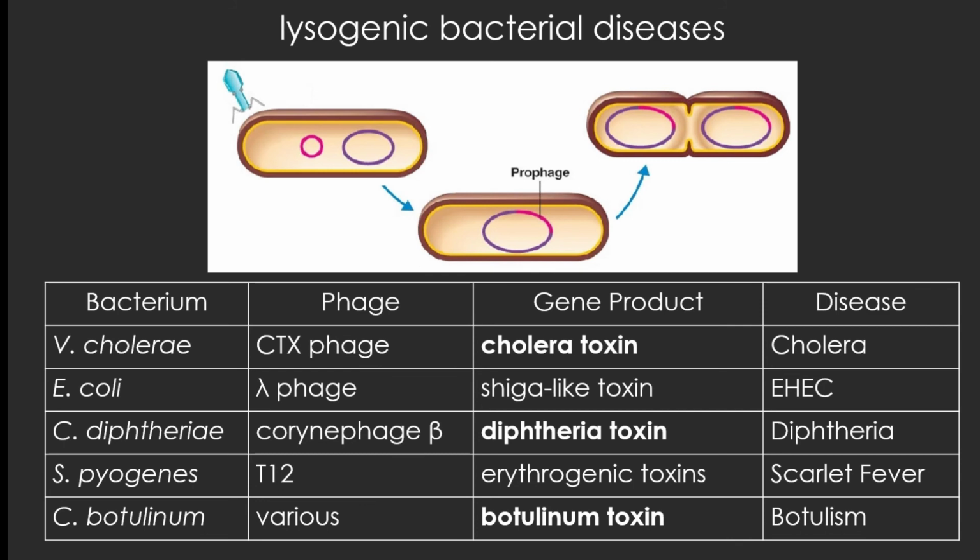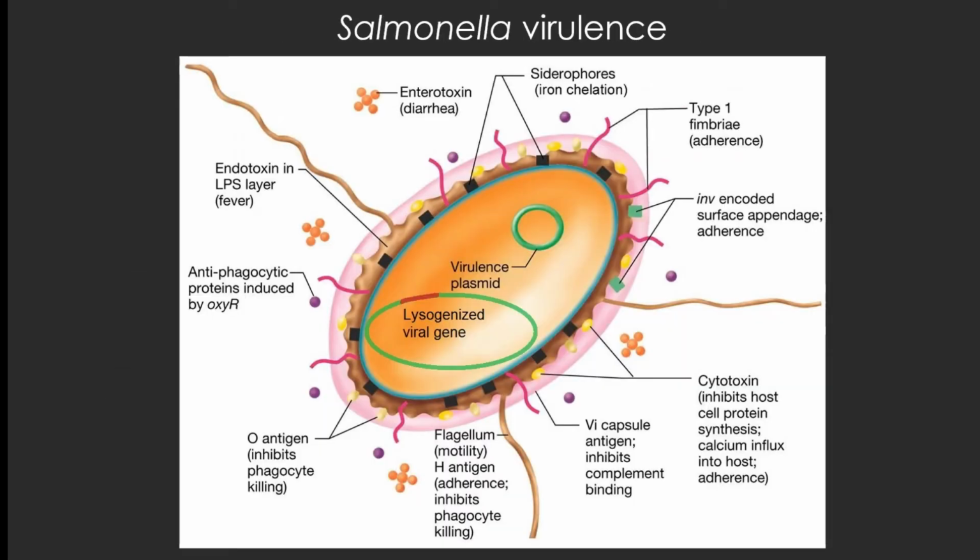So the enzymes we've talked about can increase pathogenicity, the exotoxins, the endotoxins, the infection of the bacterium with viruses can increase pathogenicity. And so just to sum all of those up, we have a diagram here of a Salmonella cell which has a lot of different factors which are increasing its virulence.